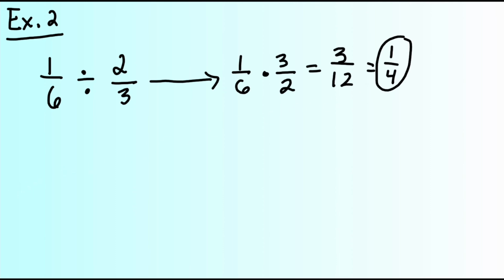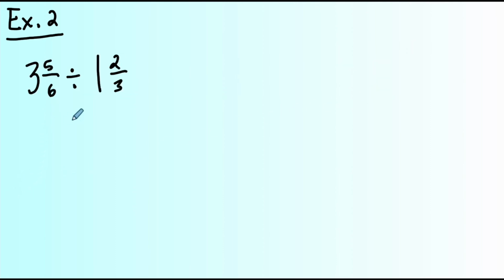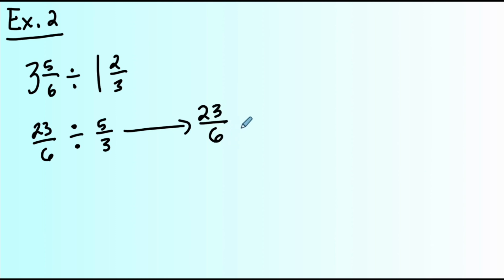The only slight difference is if you have mixed numbers. Before you do anything, rewrite the division problem using improper fractions. So 23 over 6, 5 over 3. And then, as we just did before, keep the first fraction the same, change your division to multiplication, and use the reciprocal of the second fraction.